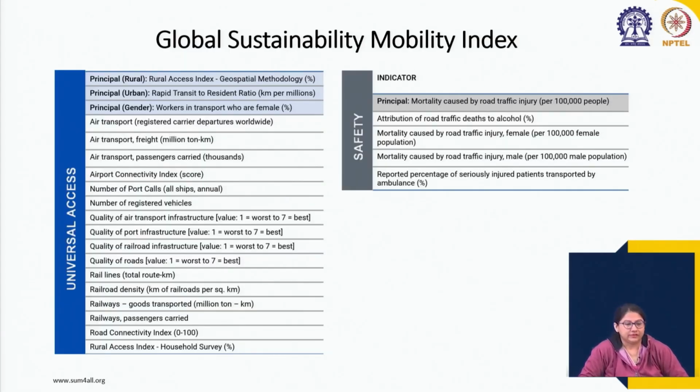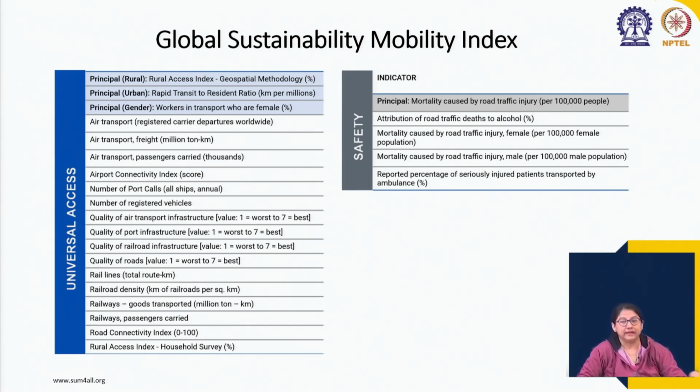So, with respect to the goal of universal access, the 3 principal indicators are Rural Access Index, Rapid Transit to Resident Ratio, and Workers in Transport who are female. In here, within this index, we also have indicators related to air transportation, including freight.